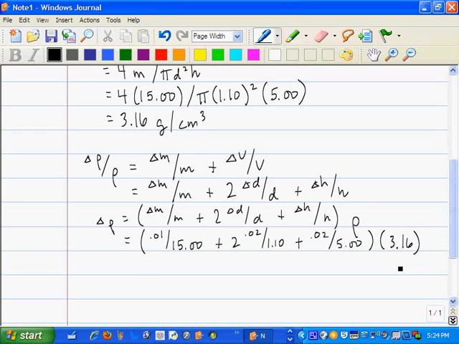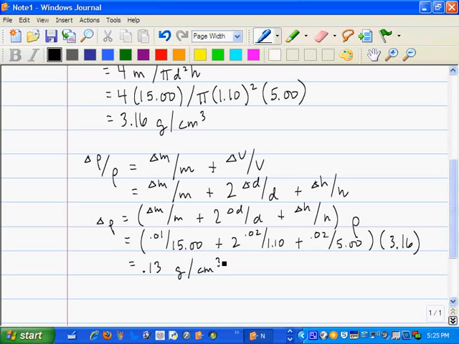Okay, so we'll put all that in the calculator. 0.01 divided by 15 plus 2 times 0.02 divided by 1.10 plus 0.02 divided by 5, times 3.16. And when we do that, we get 0.13. And this is grams per cubic centimeter.